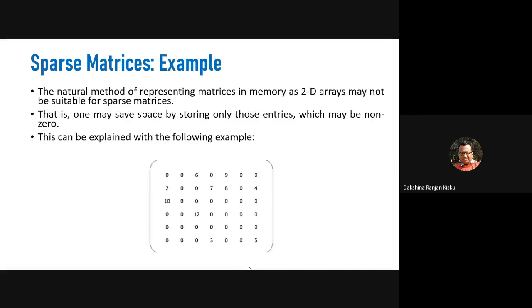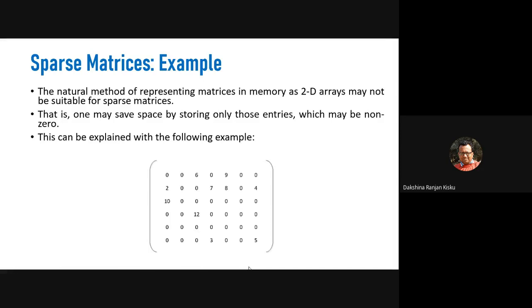So this is a sparse matrix where the maximum entries are found to be 0, so there will be only a few non-zero elements. Here you can see that there are a few non-zero elements.